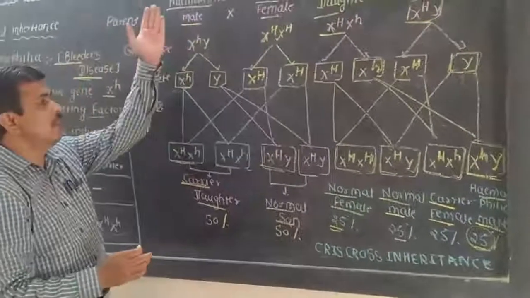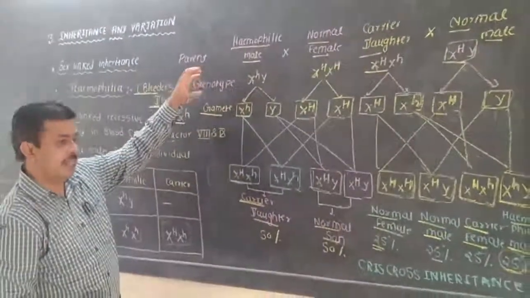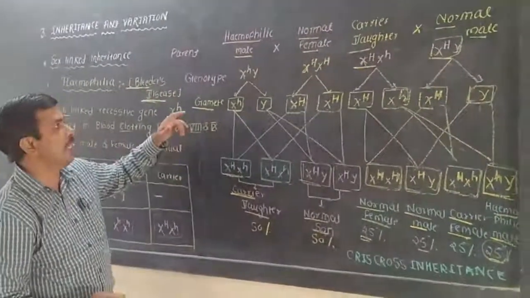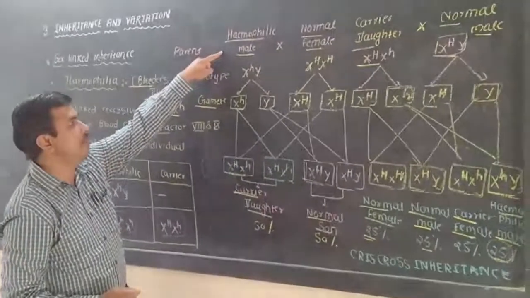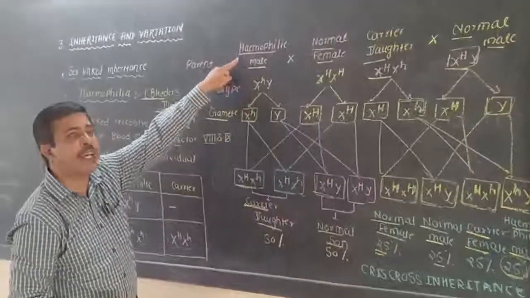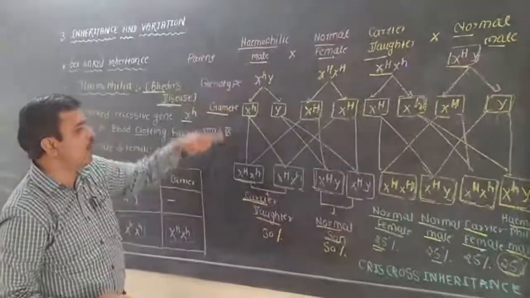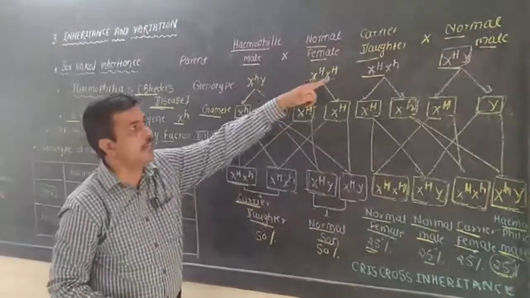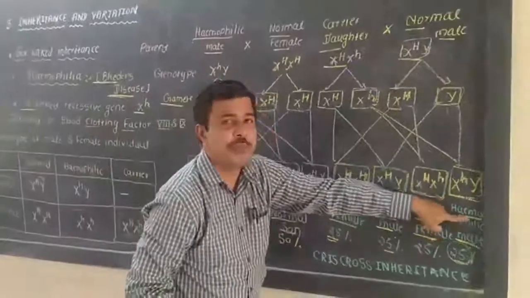But from these two crosses, again we will see that it shows crisscross inheritance. Crisscross inheritance means that this disease, hemophilia, which is present in the male, will be transmitted to the daughters, the carrier daughter, and again from this carrier daughter it will be transmitted to the male, the hemophilic male.